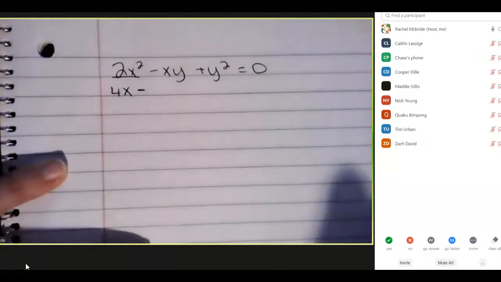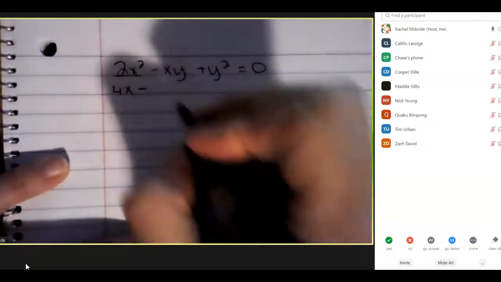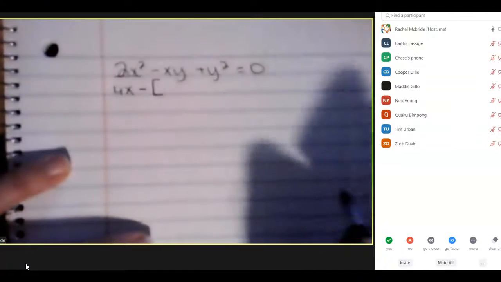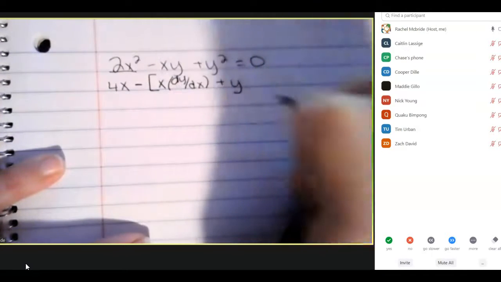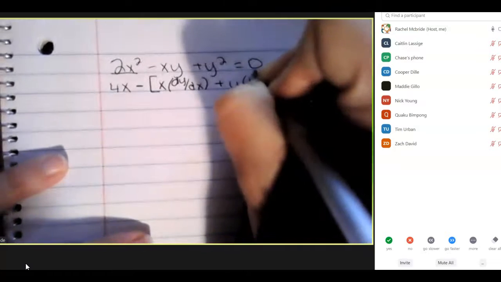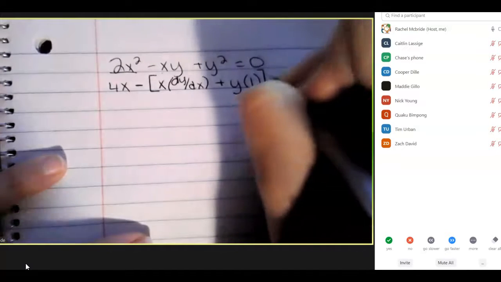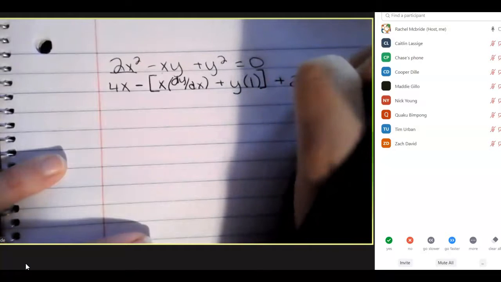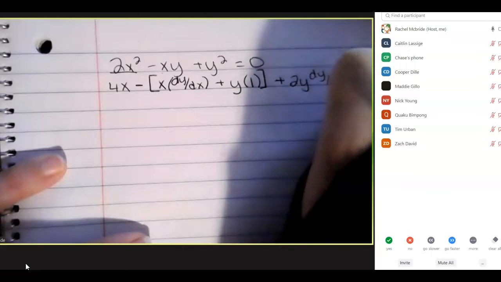You either keep the negative outside or you keep it with the x. I'm going to keep my negative on the outside. Then I have the first, which is x, times the derivative of the second, which is dy dx, plus the second, which is y, times the derivative of the first, which is 1, plus the derivative of y squared, which is 2y dy dx, equals 0.